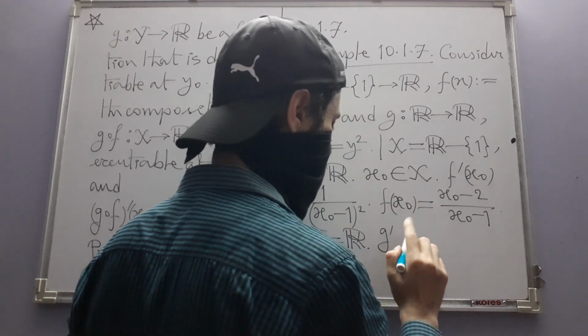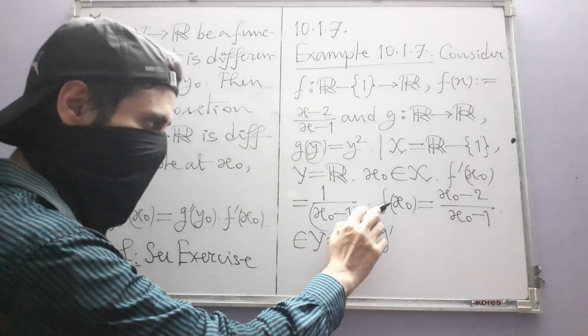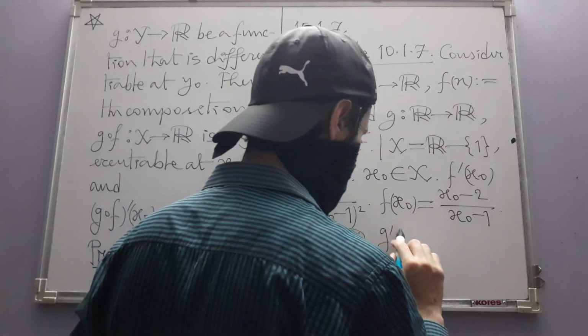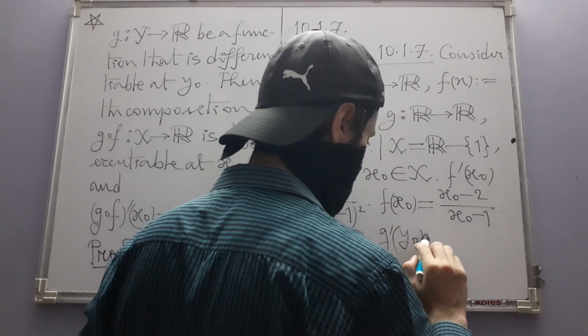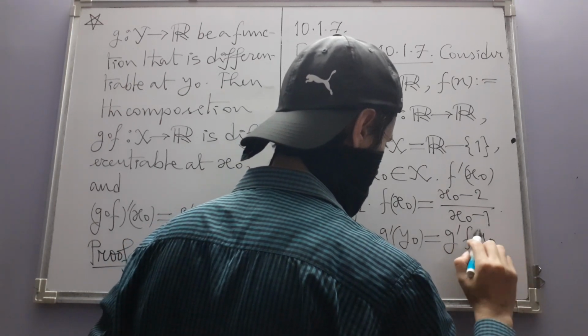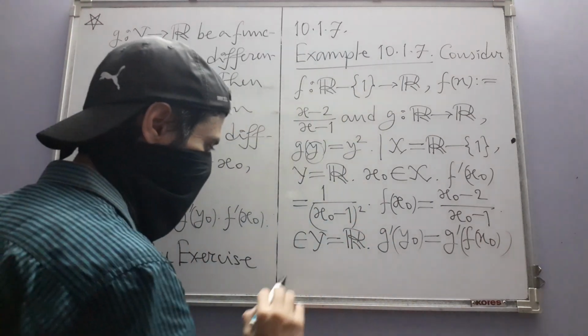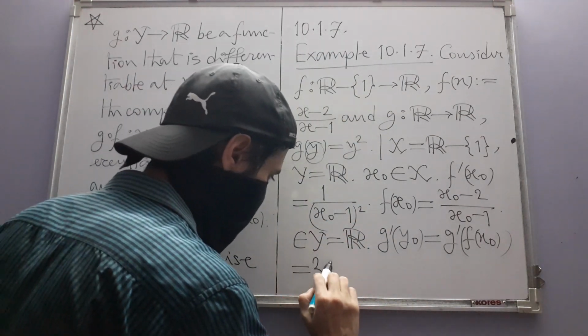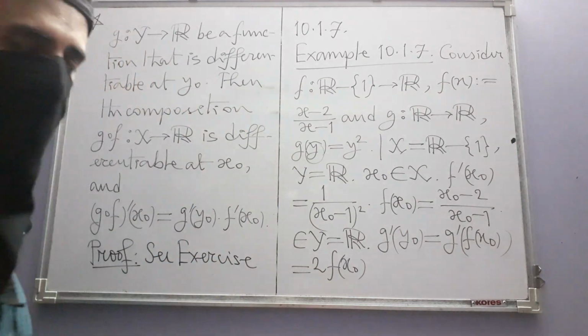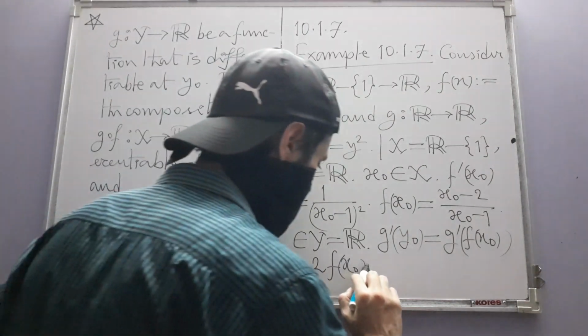In particular, it's differentiable at every point. In particular, it's differentiable at f of x0, which we denote by y0. Okay, and we know that this is 2 times f of x0, because that's the derivative of the square function.